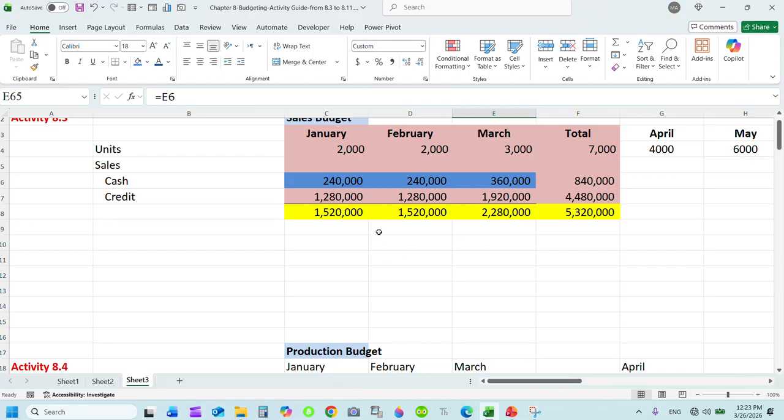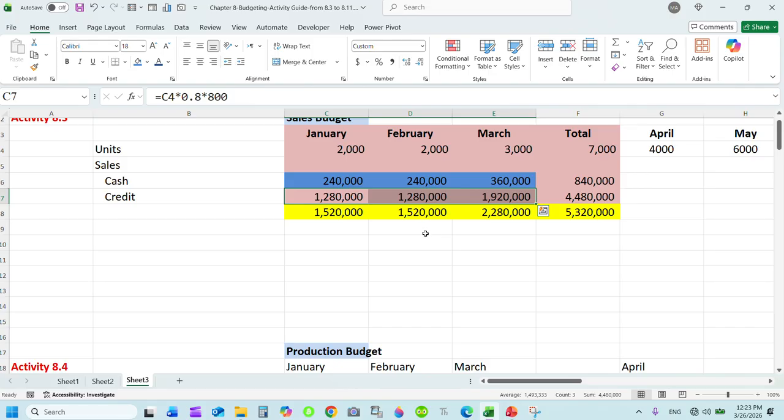In addition, we have credit sales. From these credit sales, we collect cash. That collection from credit sales should be separately identified, right?